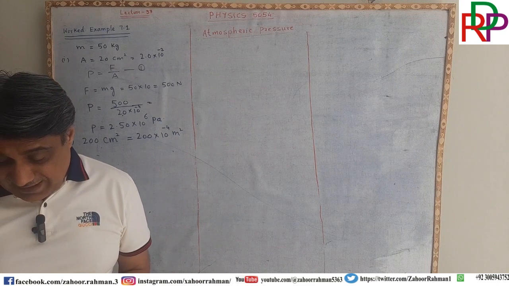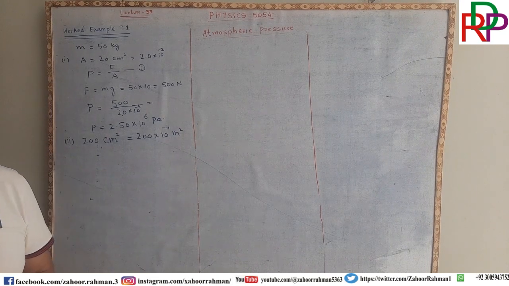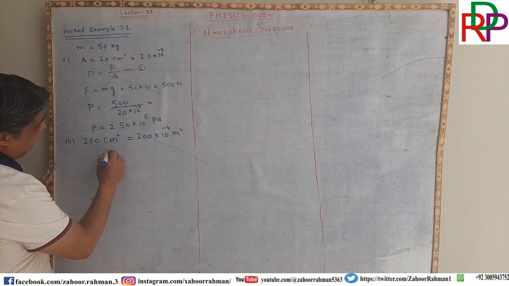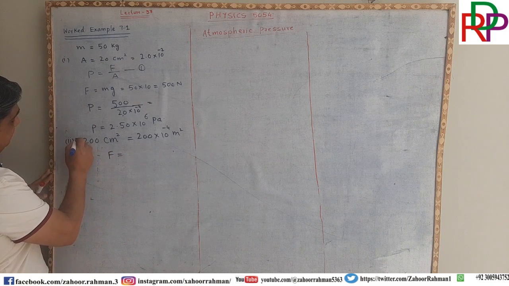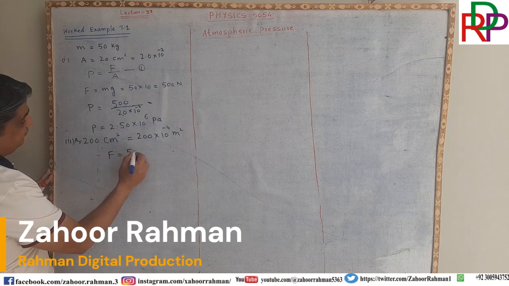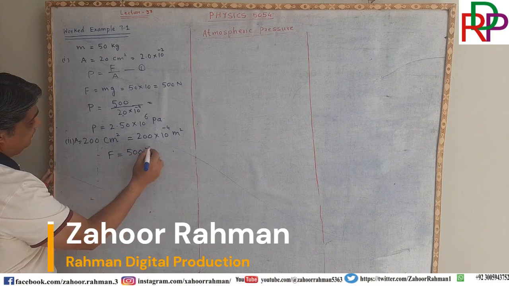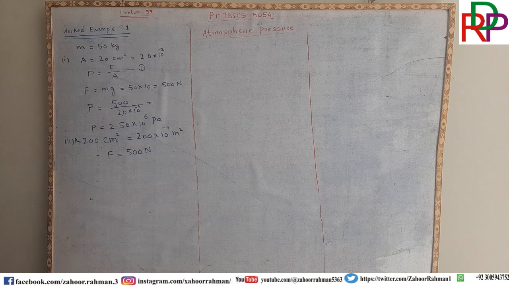For that also the weight is given, F is equal to 500 Newton as we calculated in the first part.